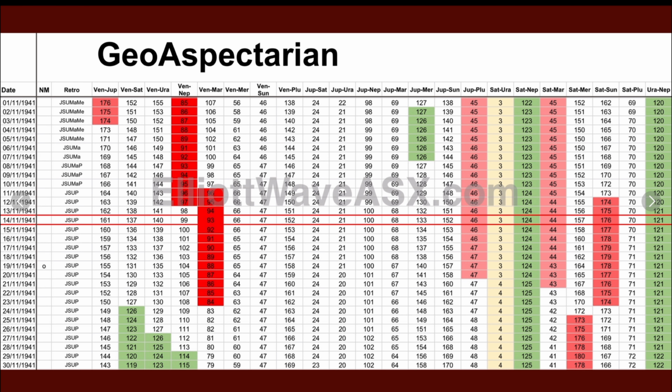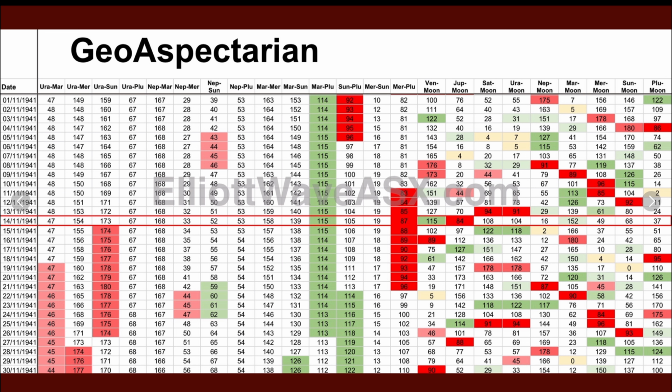Now if I scroll to the right, we have Uranus-Sun not quite opposite, Mars-Pluto in a trine, Mercury-Pluto square, Venus-Moon in a trine, Jupiter-Moon square, Saturn-Moon and Uranus-Moon both coming into trines, and Neptune-Moon coming into a conjunction.